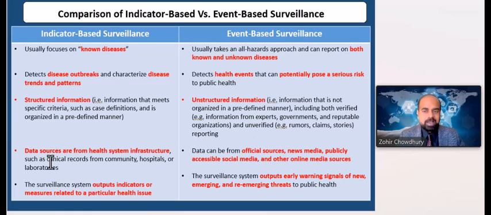The data sources in an IBS system are from health system infrastructure, such as clinical records from community hospitals or laboratories, whereas the data in an EBS system can come from official sources as well as news media, publicly accessible social media, and other online media sources. And finally, an indicator-based surveillance system outputs indicators or measures related to a particular health issue, whereas an event-based surveillance system outputs early warning signals of new emerging and reemerging threats to public health.